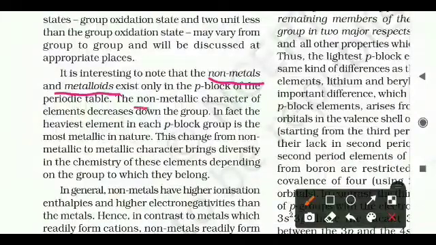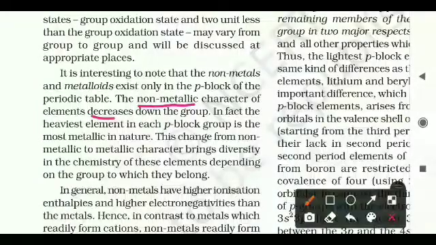So similarly, the non-metallic character decreases down the group for the groups of p block elements, and due to the decrease in non-metallic character down the group, the last member or the heaviest member of the p block element will be most metallic in nature.